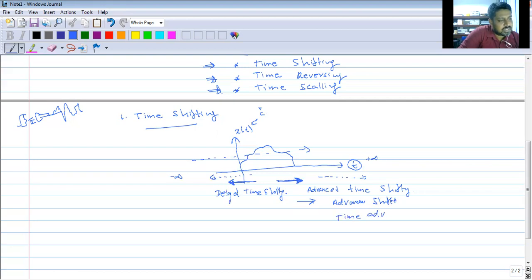If we move the signal to this side, it is a delayed shift, or a time delay. Normally we use these terms, time delay and time advance.